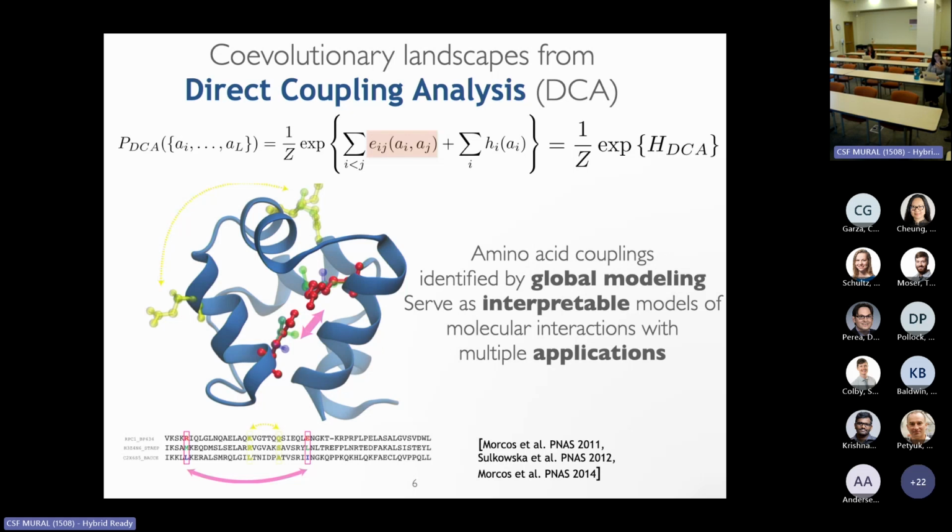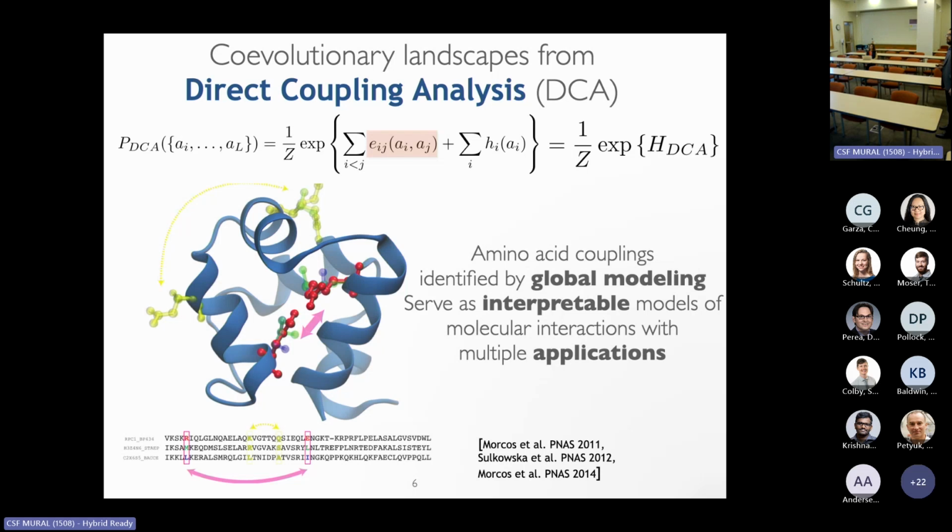For many years, people assumed independence, right? The positions in these proteins were somehow independent, their statistics were independent. But we all know that in reality, that's not true. We have a complex network of interactions that are globally interconnected. So this analysis allows us to obtain this information. It's interpretable in the sense that we're dealing with pairwise interactions. It's a little more akin to physics-based explanations of interactions.